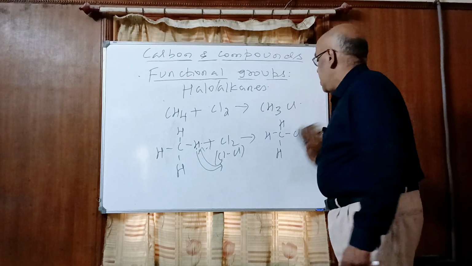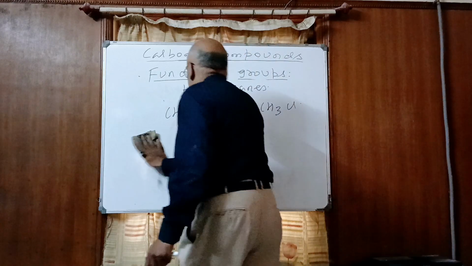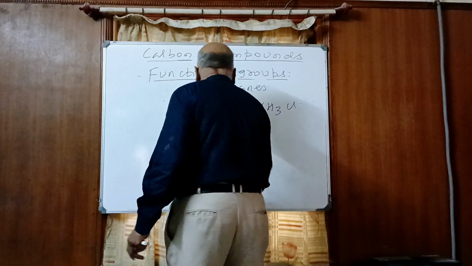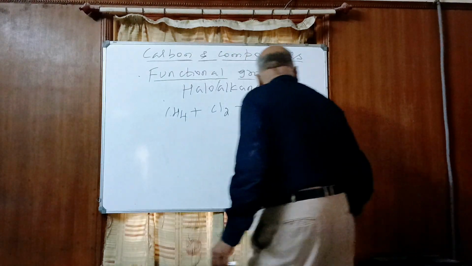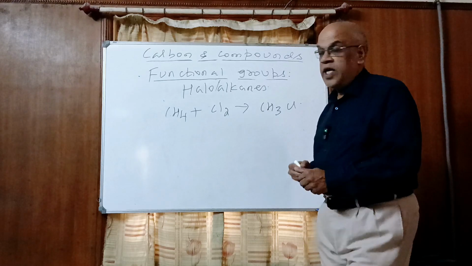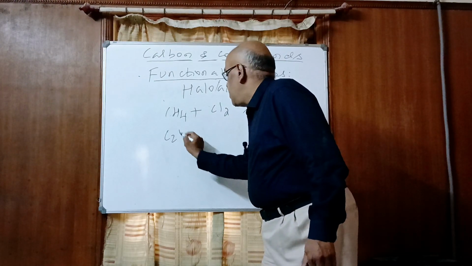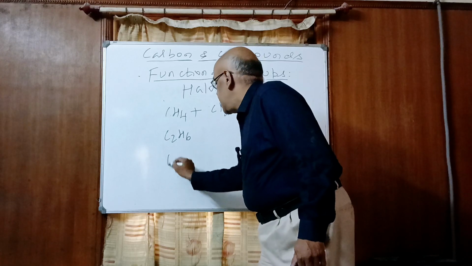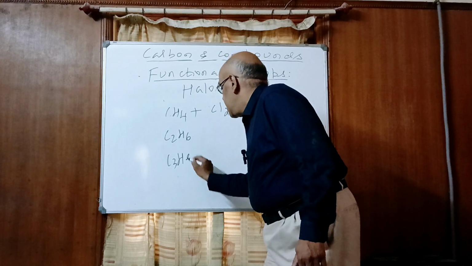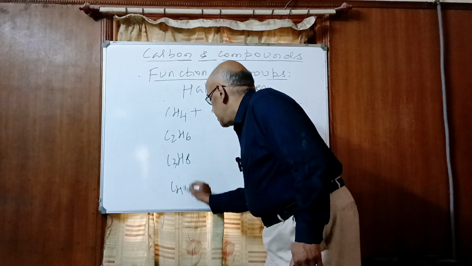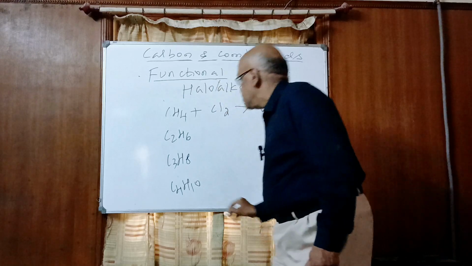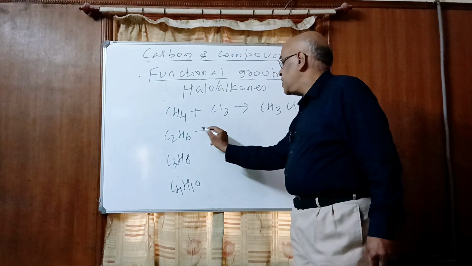That's it. Similarly, who is the second member of the alkane series? Ethane. Who is the third member? Propane. Fourth member? Butane. I'll write it here, children. Second member, C2H6 ethane, C3H8, C4H10. What happens?